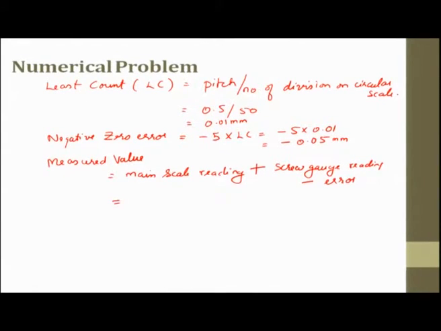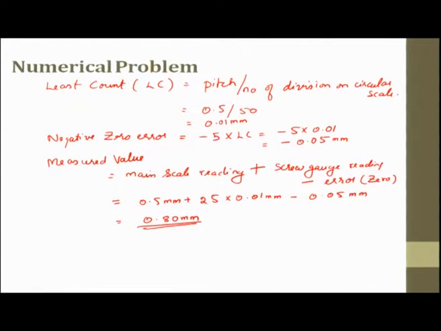If you want to be more specific, we call it the zero error. So, it is 0.5 millimeter plus 25 into 0.01 millimeter, minus the minus 0.05 millimeter. So, the answer is going to be 0.80 millimeter. This will be the thickness of the sheet.